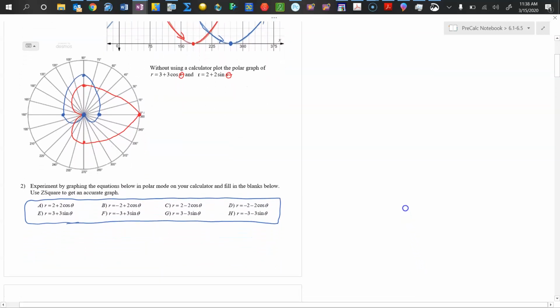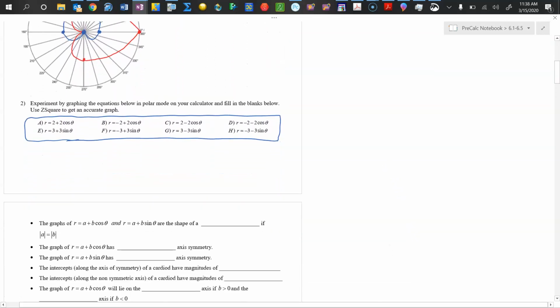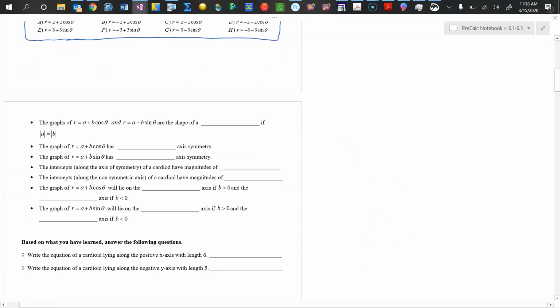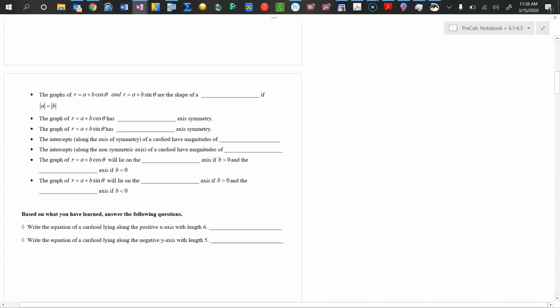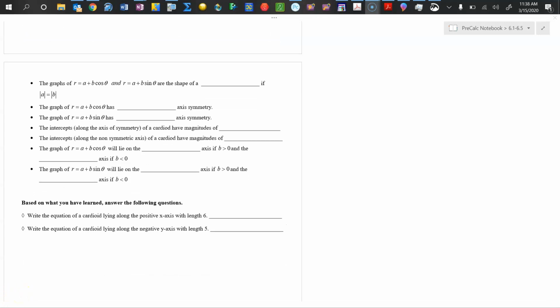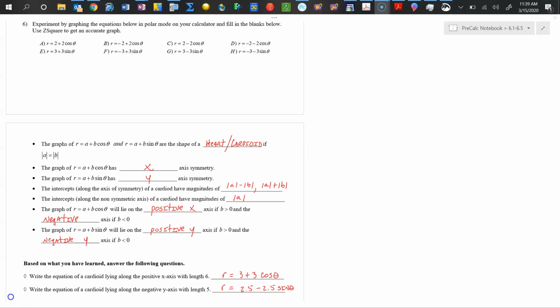And when you're graphing those functions, I'd like you to think about these questions down below here and how you would answer them. You're likely going to need several minutes to graph these functions on your calculator and answer these questions. So go ahead and pause the video at this point, and in a moment we will reveal the answers.